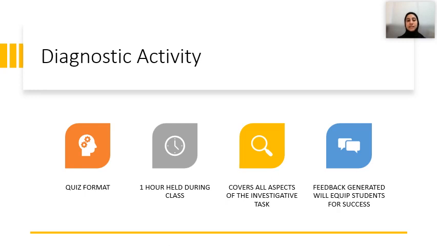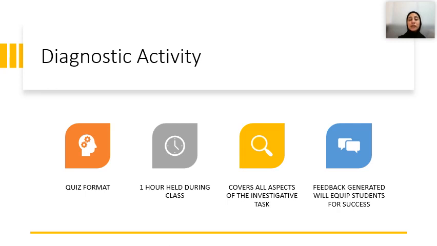Because it is an investigative task and it spans a number of weeks, we need the students to already have most of the skills that they'll need to implement in this task. So I'm proposing a quiz which covers all the important aspects of the investigative task, approximately 1 hour, held during class.